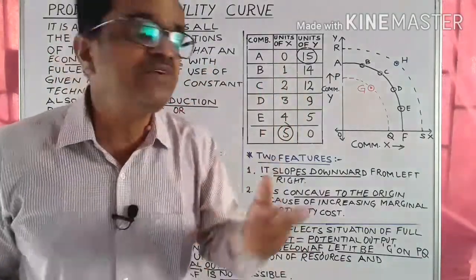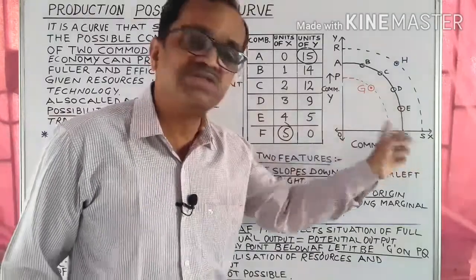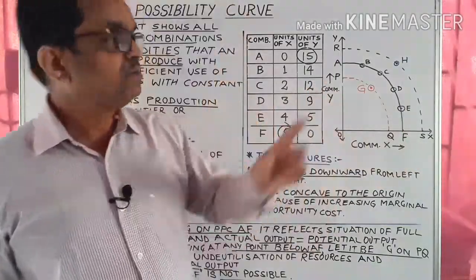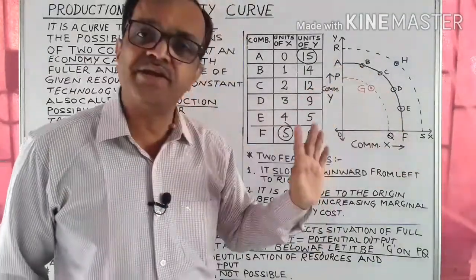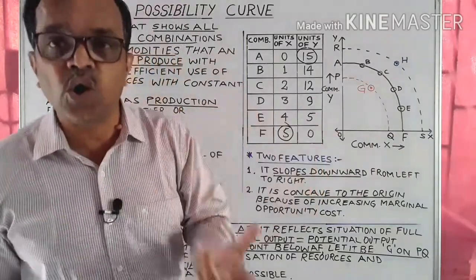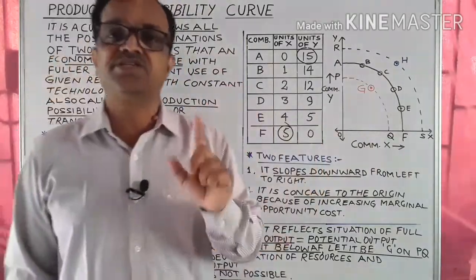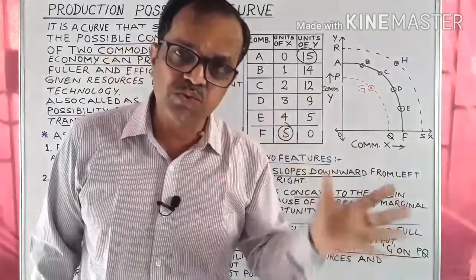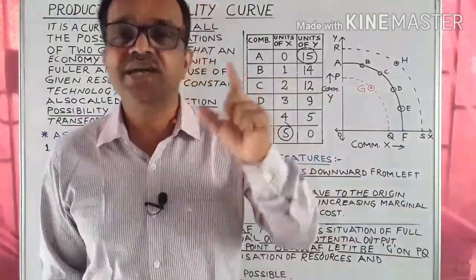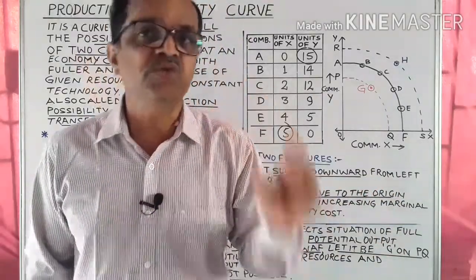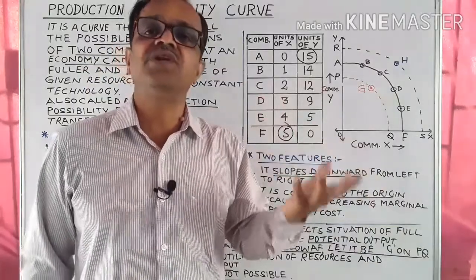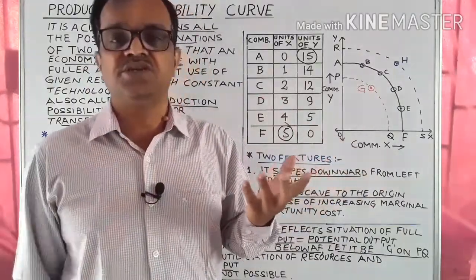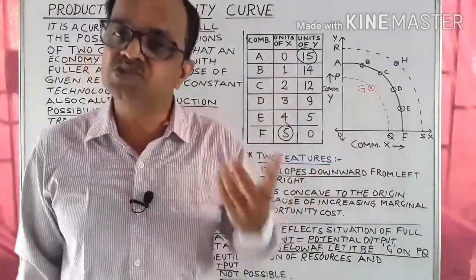Then how can we define this production possibility curve AF? It is a curved line that shows all the possible combinations of the two commodities that an economy can produce with the full and efficient use of its available resources.